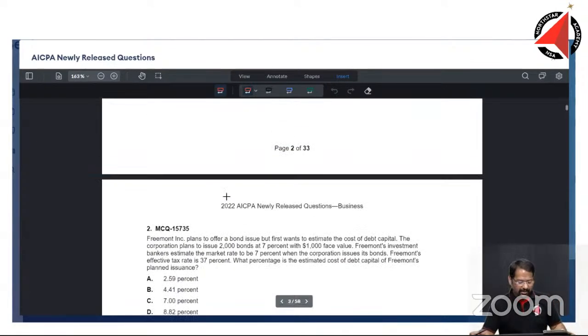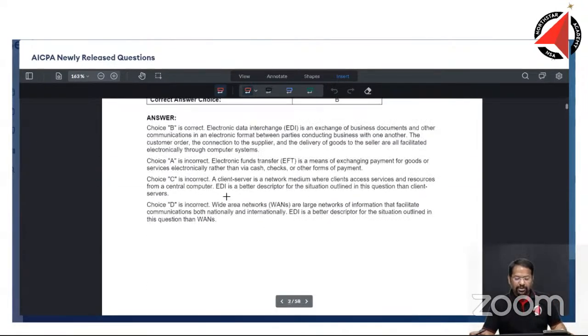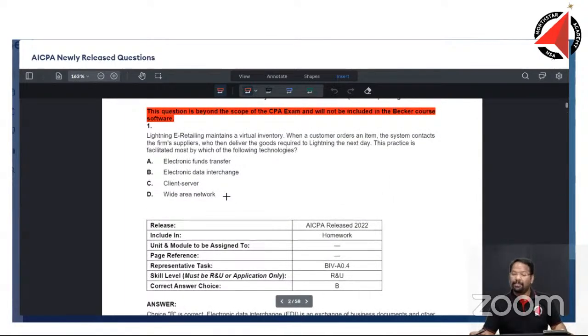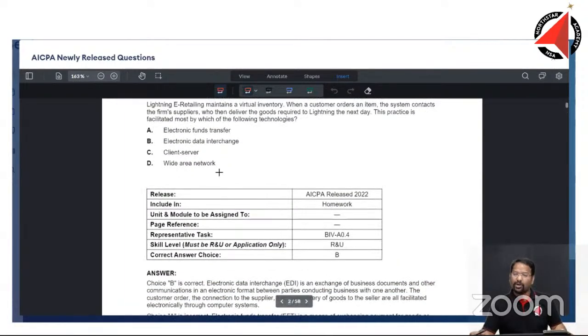Now, before I forget to mention, when you are solving MCQ questions, please understand that you have to ensure that you not just focus on getting a right answer, but also focus on understanding why this answer is right and why other options are not correct.